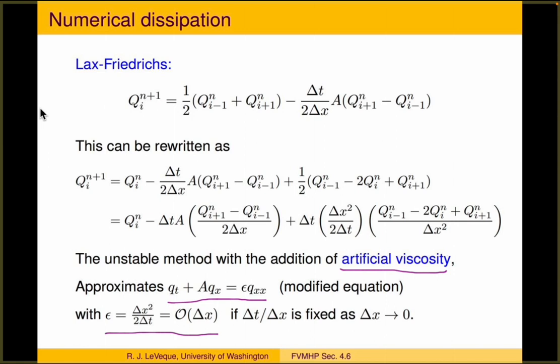And it turns out that's enough to sort of restore stability for these explicit methods, whereas if you fixed epsilon as delta t over delta x goes to 0, then it would not be stable unless you refine faster in time than in space or used an implicit method.